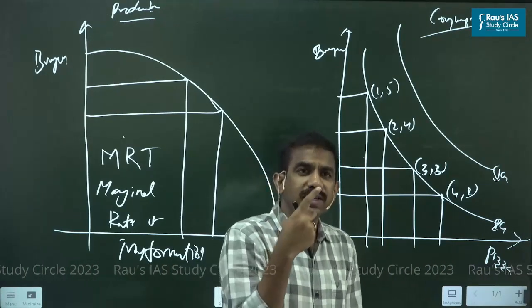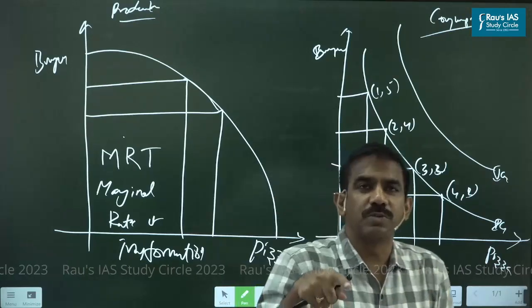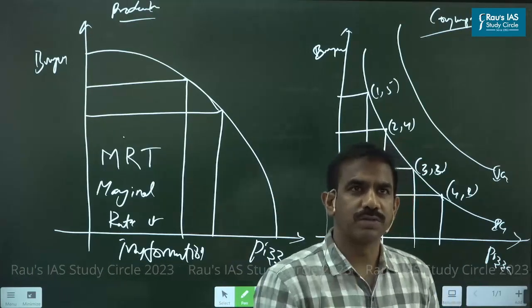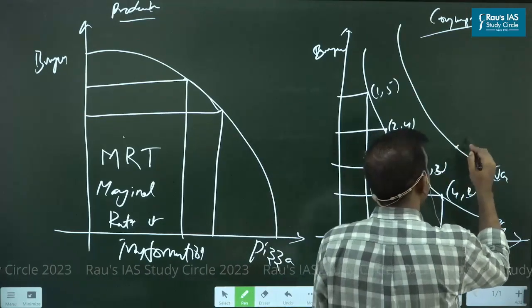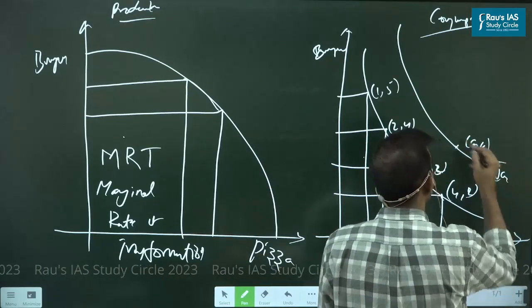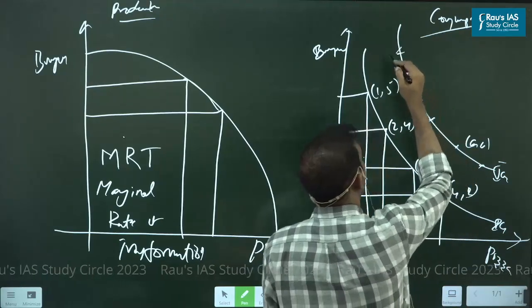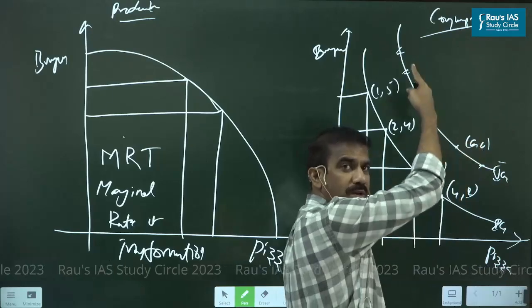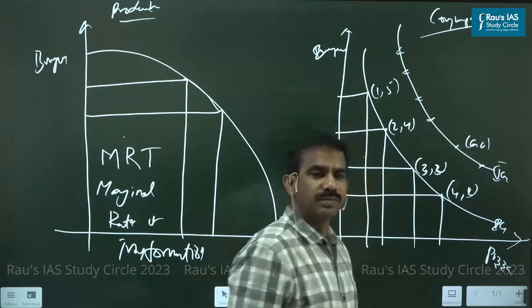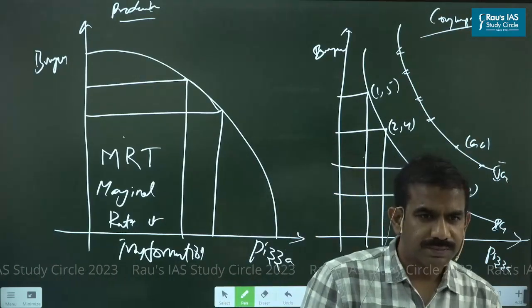That's the reason I am saying he's indifferent with respect to any possible combination. But at the same time, the same gentleman is also happy consuming 6 pizzas and 6 burgers and anything more. So he could also reach another indifference curve, and on this the satisfaction is more, but again it remains constant. Got it?